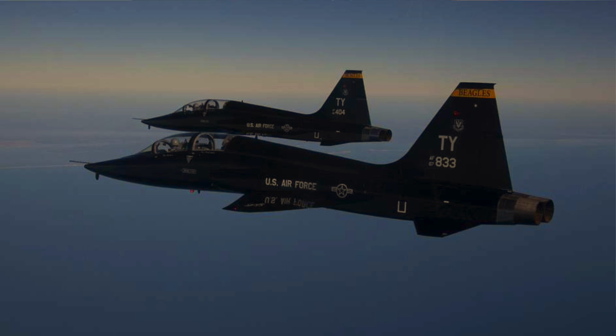But it is a piece of metal that's out there. It can go supersonic. It doesn't turn very well because of its short wingspan. So its rate of turn is not great.